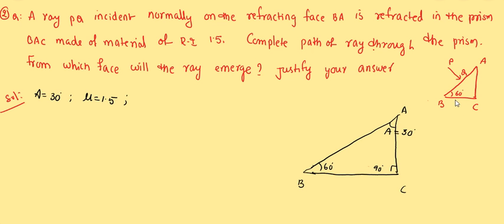Now here in the diagram we see this is the incident light ray. It is incident like this, along the normal.